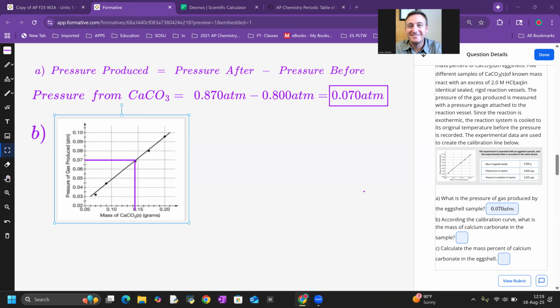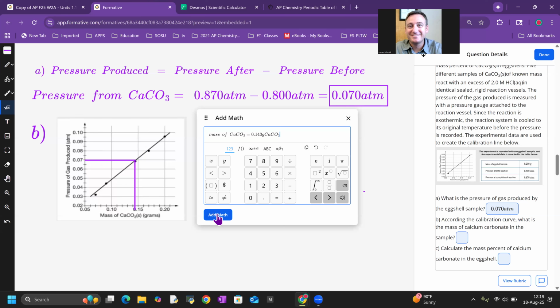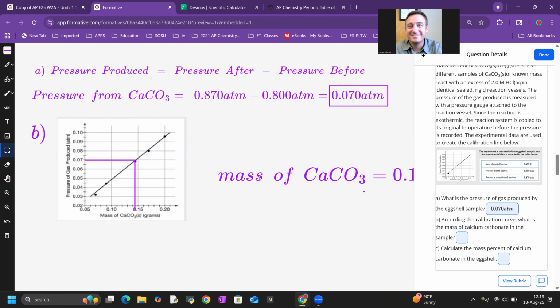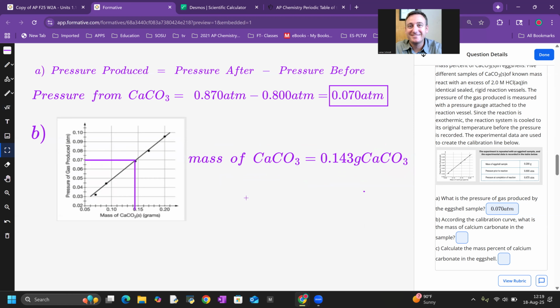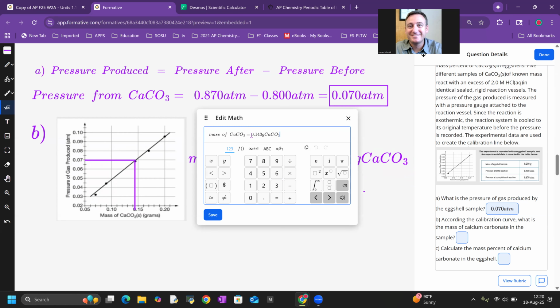You can guess wherever, as long as it's in between those values. I see it at this value right here. And so according to the calibration curve, what is the mass? I'm seeing it at 0.0143 grams of calcium carbonate.